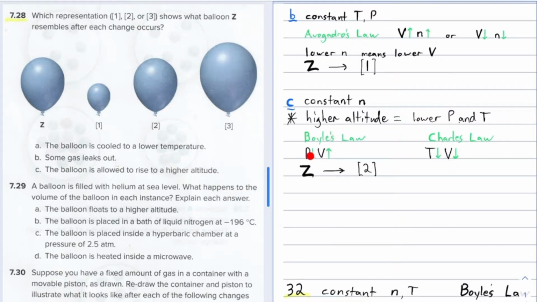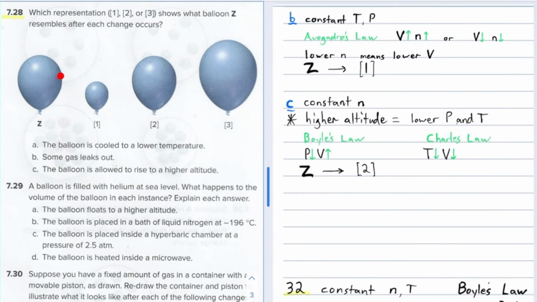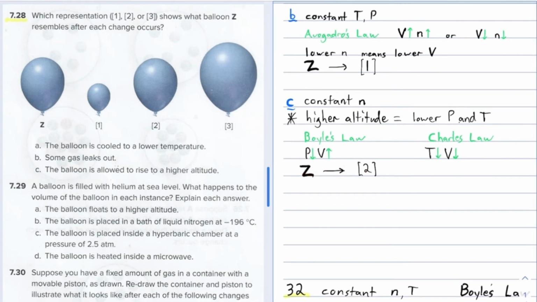So Boyle's law tells us that, because of the lower pressure, the volume should go up, but Charles' law says because of the lower temperature, the volume should go down. So they kind of contradict each other. Depending on how much lower the pressure is, we're not told, and how much lower the temperature is, we're also not told, if you just imagine the effects kind of cancel off, maybe it doesn't really change its size that much. And so Z turns into 2. Kind of tricky one there.